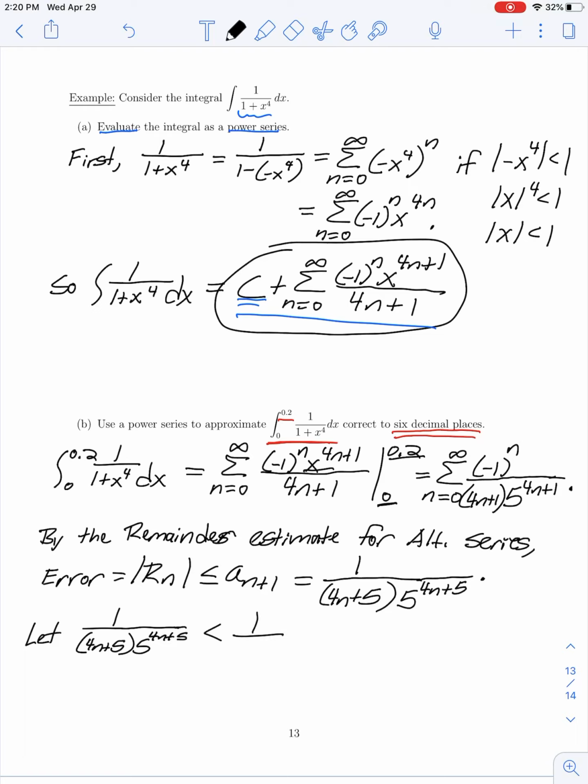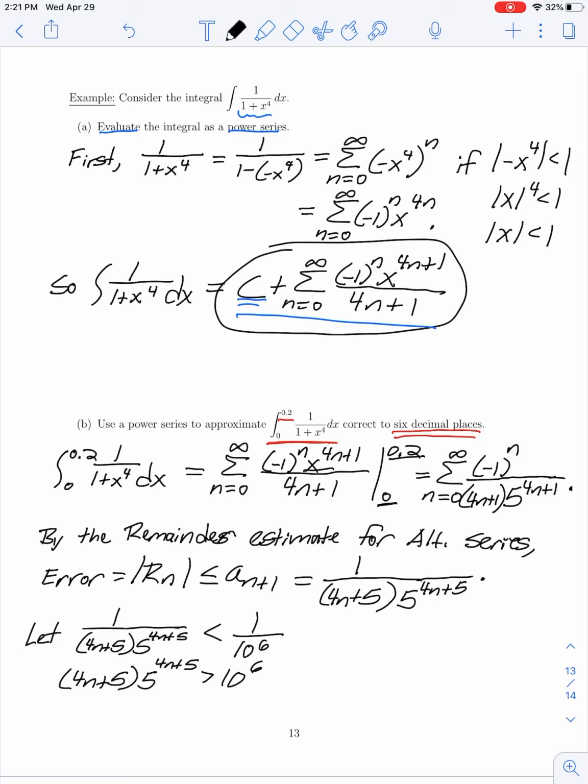So I need this maximum error to be less than 1 over 10 to the 6th. So now let's see if we can solve this inequality for n. If I take the reciprocal of both sides, I would have (4n+5) times 5 to the 4n+5 power has to be greater than 10 to the 6th.